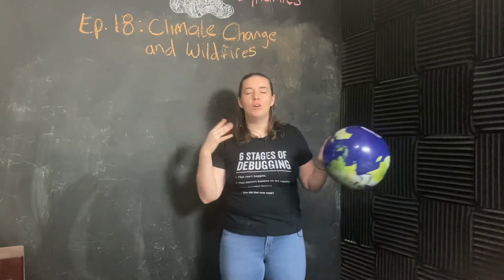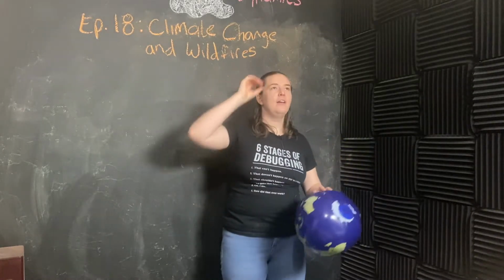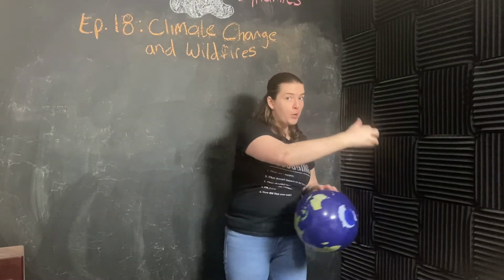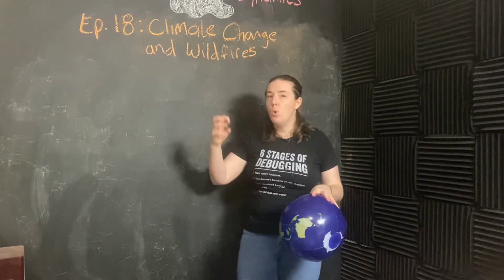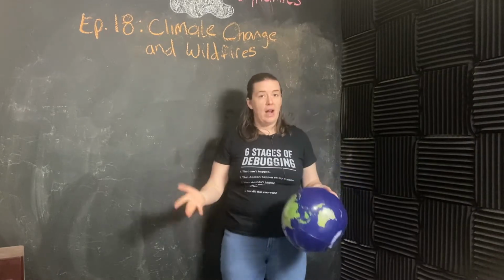So not only are we gonna have that overarching descending air reaching further than it did before, it's also going to be even drier. So these regions that are already prone to drought are now more prone to drought.